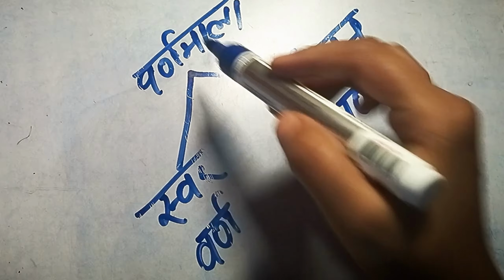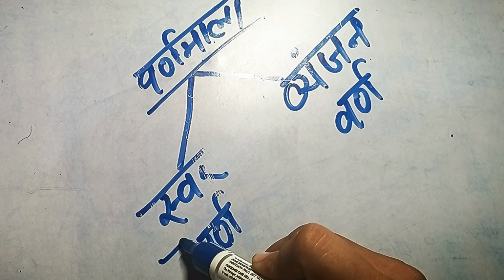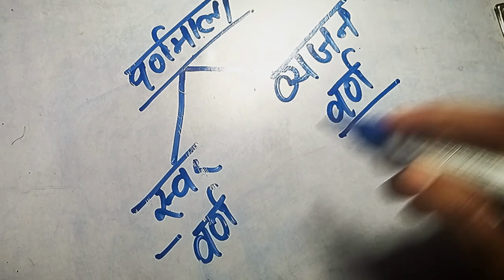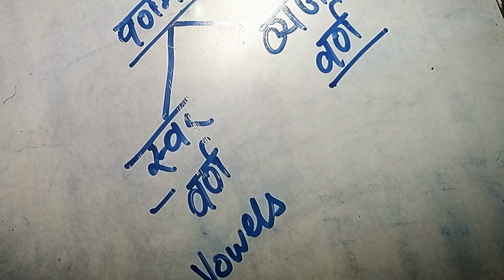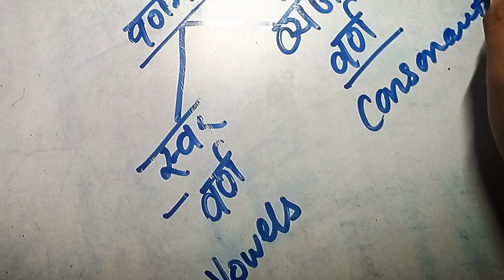Just like we call this the alphabet, we call this vowels, and we call this consonants. This is a vowel and this is a consonant, just for your information.